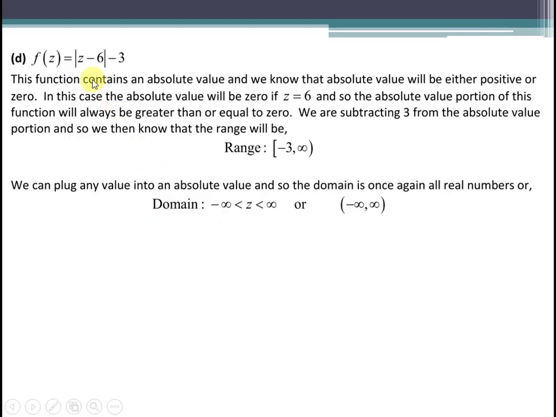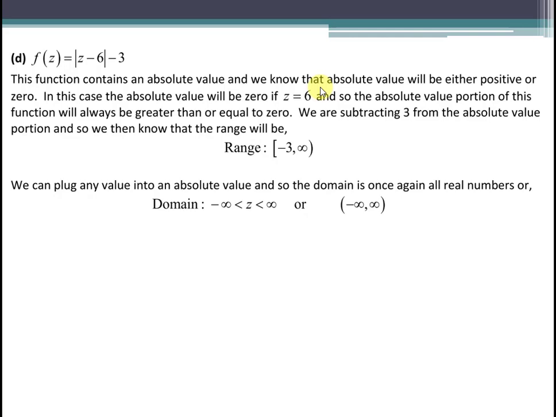The next one, Z1. f of z is equal to absolute value of z minus 6, minus 3. This function contains an absolute value, and we know that an absolute value will be either positive or 0. In this case, the absolute value will be 0 if z is equal to 6.